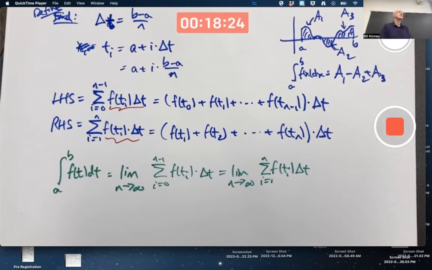Sometimes these limits are too difficult to calculate. Oftentimes they're too difficult to calculate. So we either try using the summations just to approximate the integrals, which is what you've done so far for your homework, and what you'll continue to do for the homework due Wednesday, maybe a little bit with the fundamental theorem of calculus, or you use the fundamental theorem of calculus.